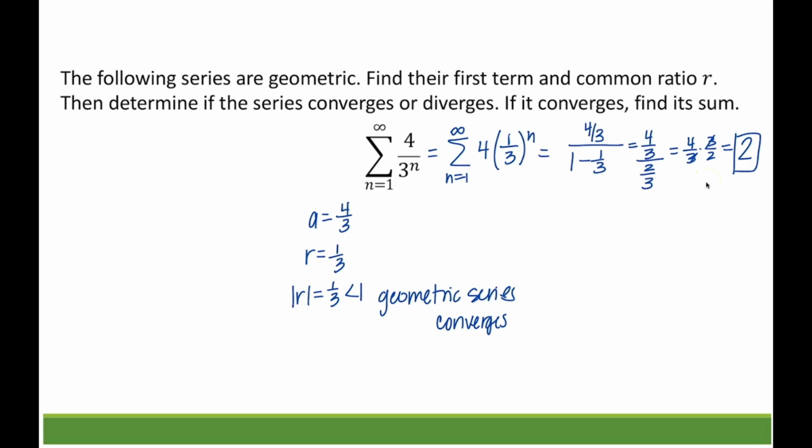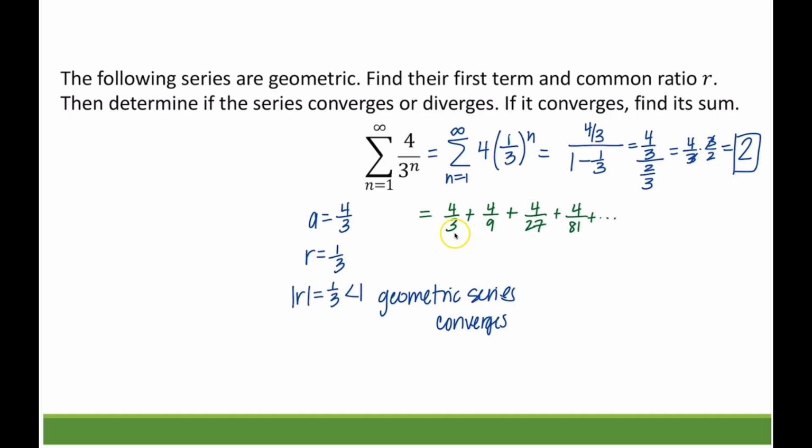Now, one more time, I want us to make sure we can at least justify in our own mind why we need the absolute value of the common ratio to be less than 1 for this series to converge. Let's write out a few terms. We know that the first term is 4/3, and to get to the next term, we'll multiply by a third, so that would give us 4/9. And then the next term would be 4/27, and then 4/81, and so on.